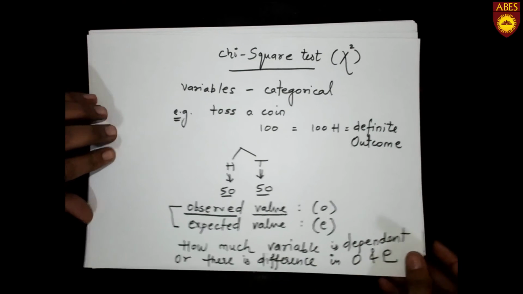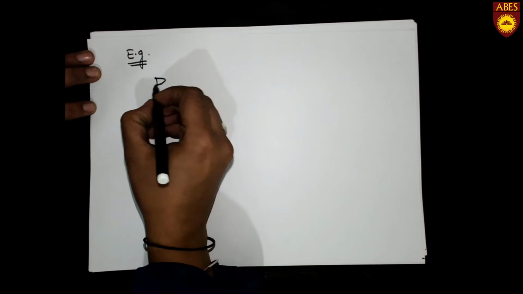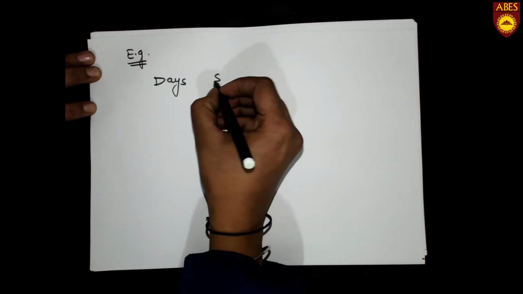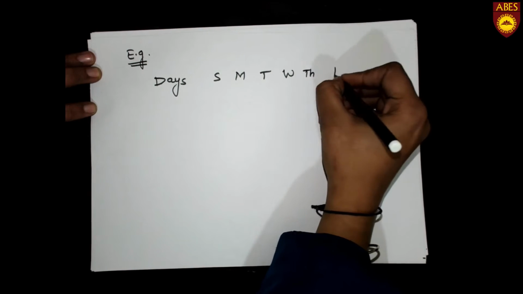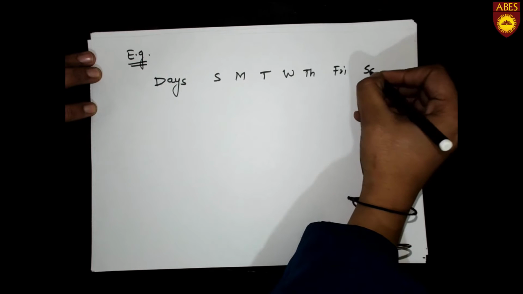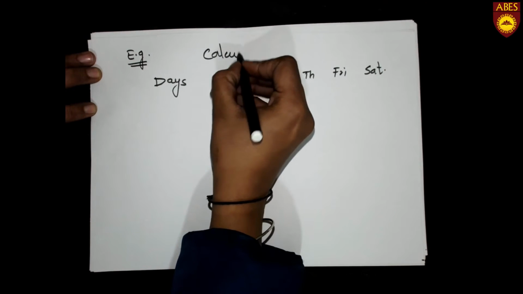Now, we'll directly see one simple example. For example, I have a number of days, Sunday, Monday to Saturday. Now, we'll see the calculation part.